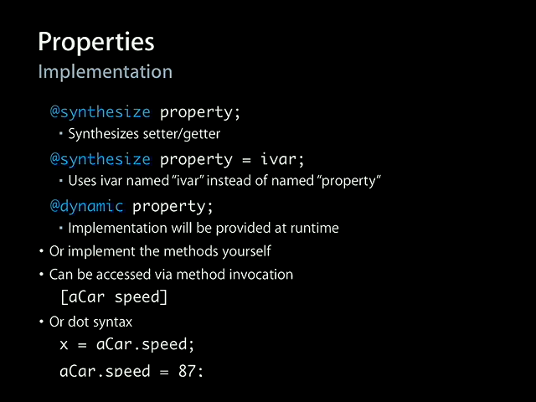So that you can say aCar.speed, and that is effectively equivalent to calling the speed method. There is some little more subtlety there. Again, the advanced session covers that. Or you can use this for assignment, aCar.speed = 87, which is more or less equivalent to [aCar setSpeed:87].